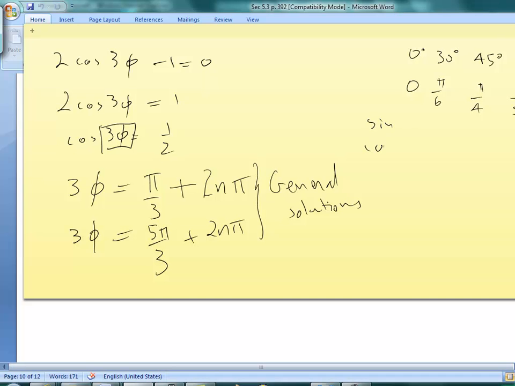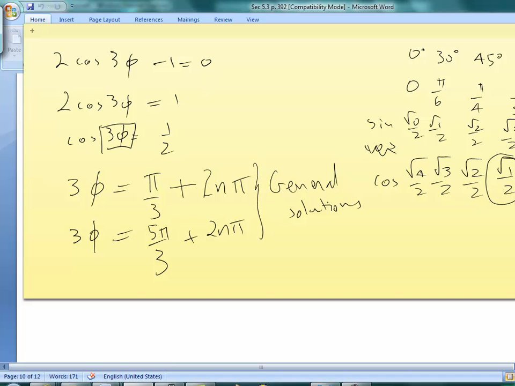For sine, that's 0 over 2, 1 over 2, 2 over 2, 3 over 2, 4 over 2. And for cosine, it runs backwards. I'm going very quickly through this because I'm expecting you guys to know this pretty cold. If you don't, then life's going to be hard for you. So I want half for cosine, so here it is, and my angle is pi over 3 right there. That's where this pi over 3 comes from.